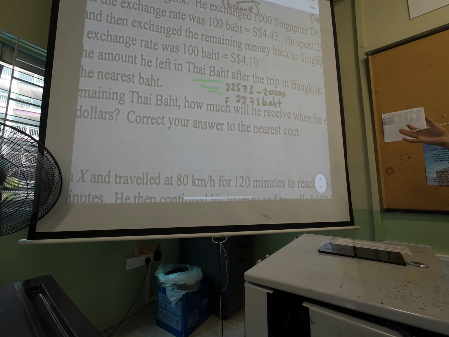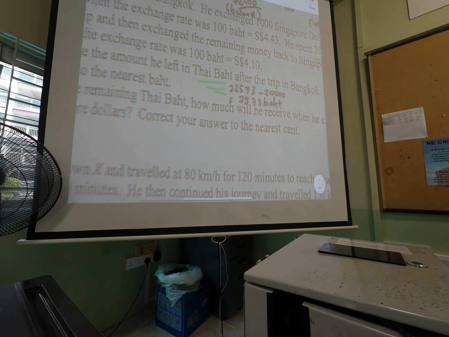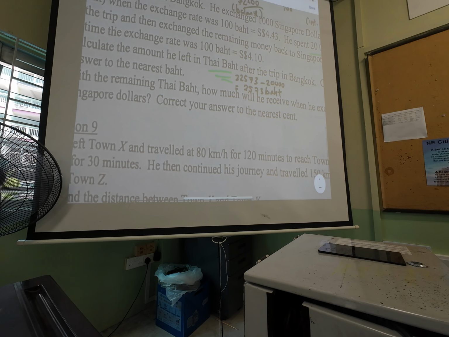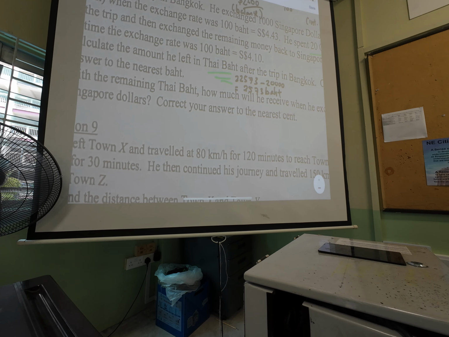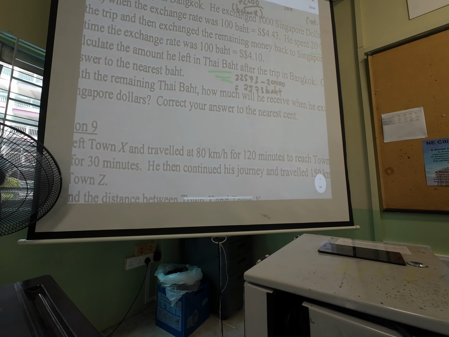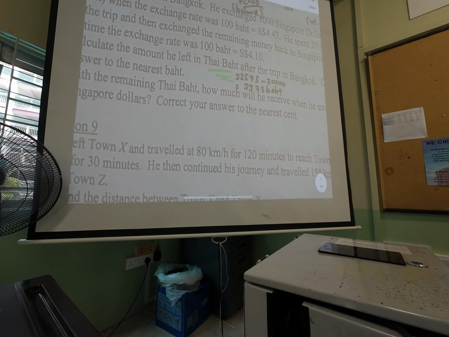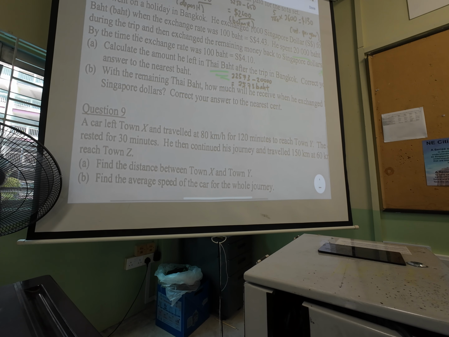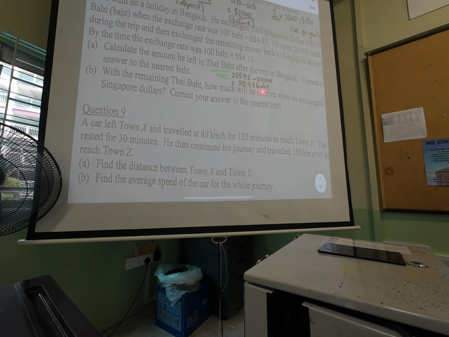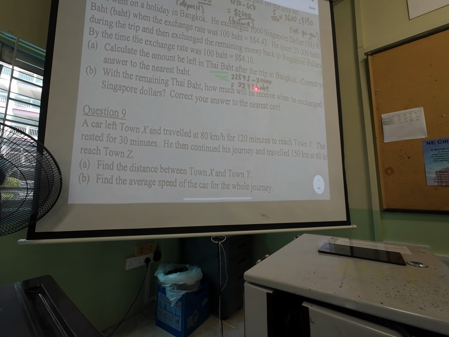It's all plus, minus, multiply. If you follow the story they are telling, now he is left with 2,573 baht.